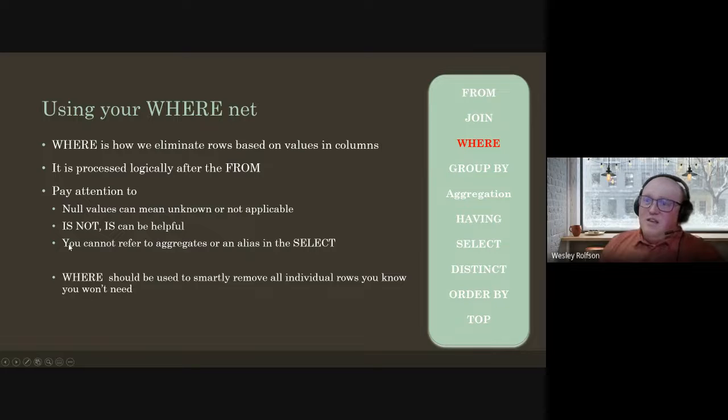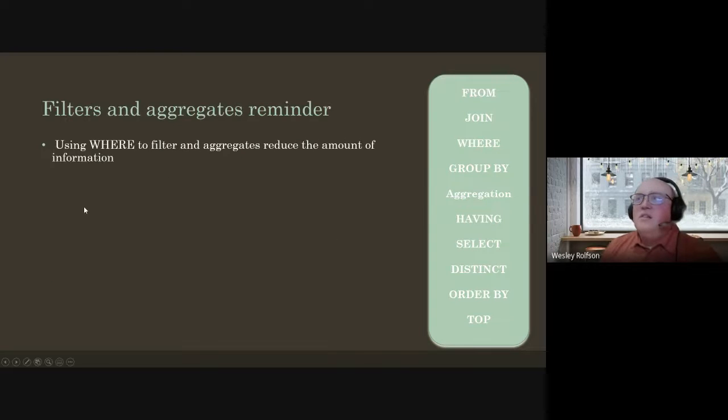The other thing you need to know is you can't use aggregates or an alias like you can in the select statement, so you have to be very careful. Using the where to filter reduces the amount of information. That's extremely true.